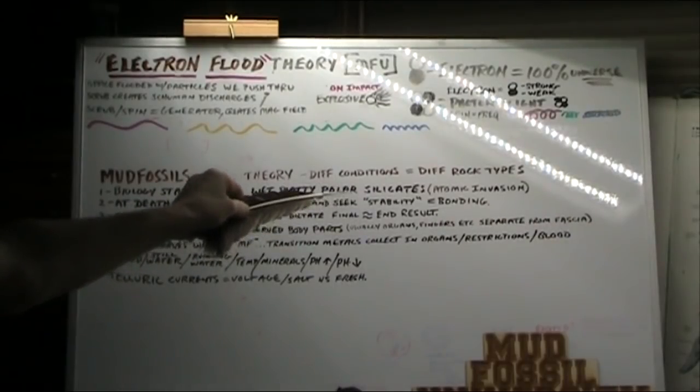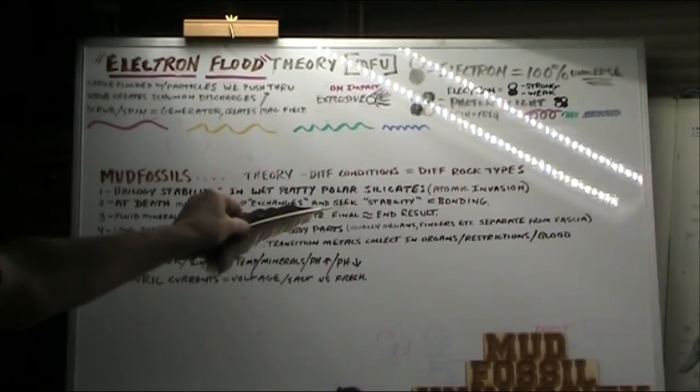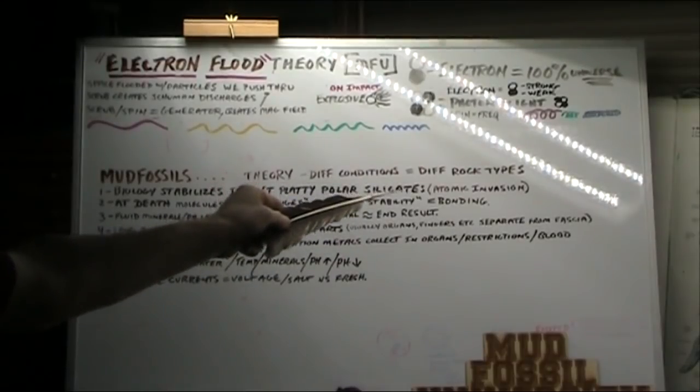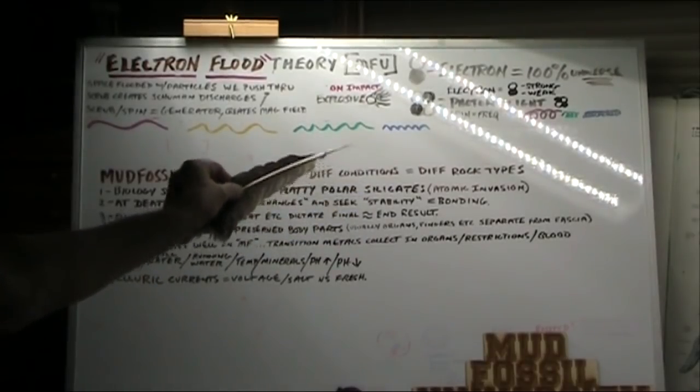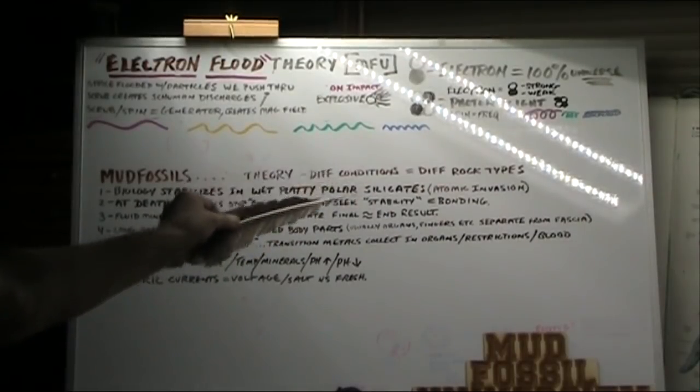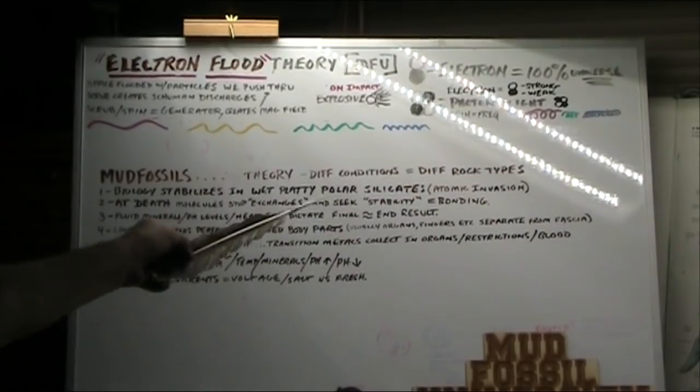Now, either they decay and become invaded and putrefy, or they bond in these aqueous, salty waters. And that's why, if it's left into the air and the oxygen, well, it's all over.